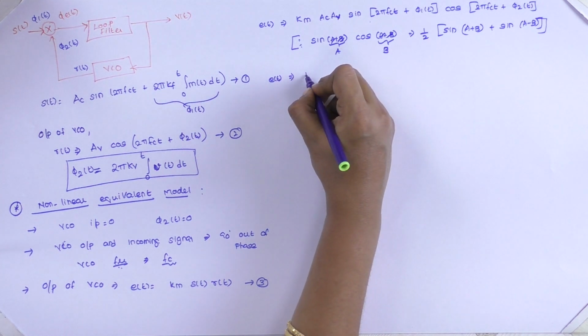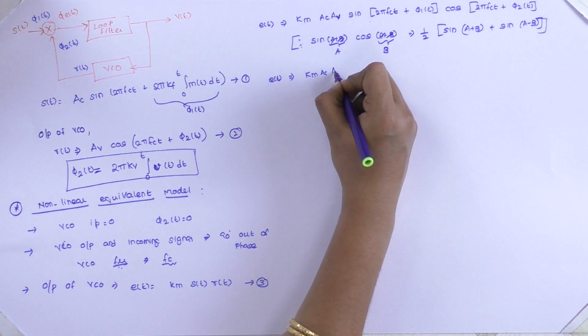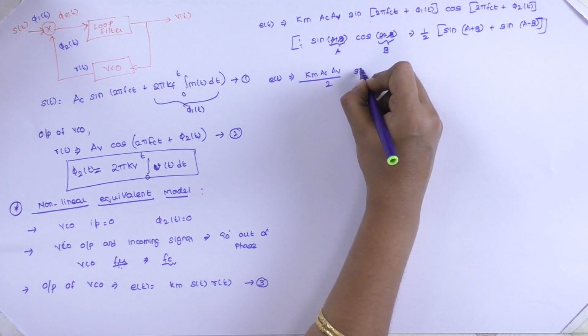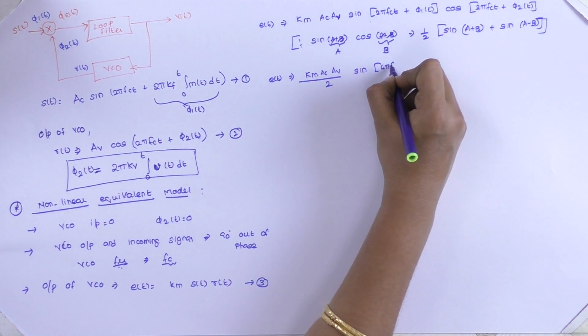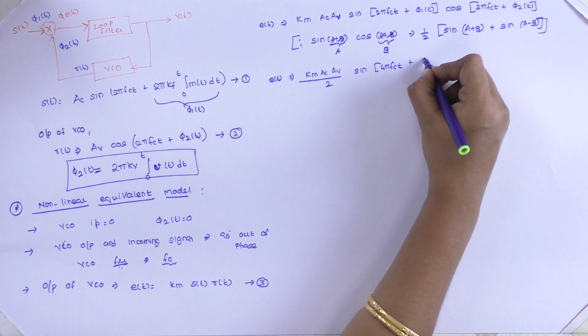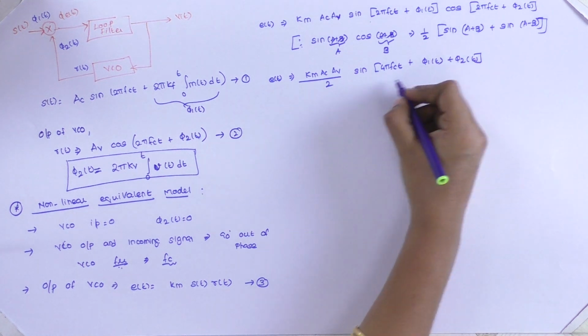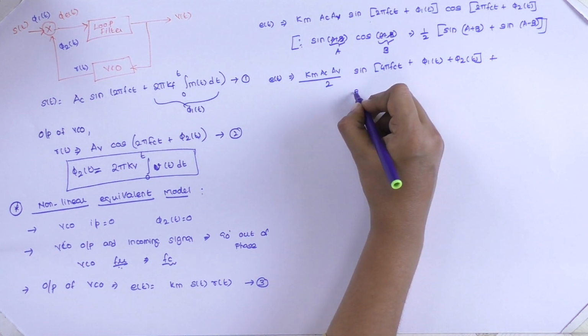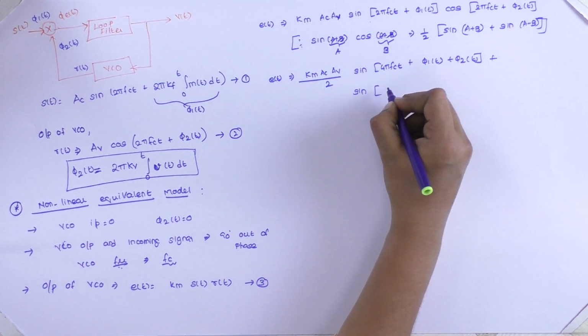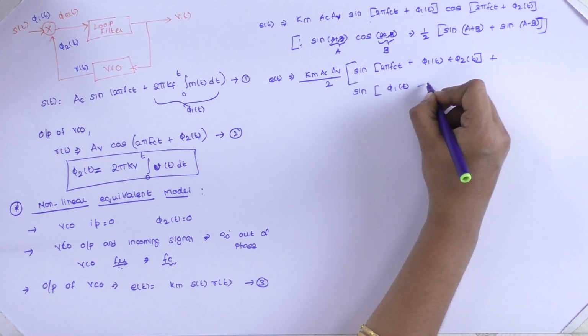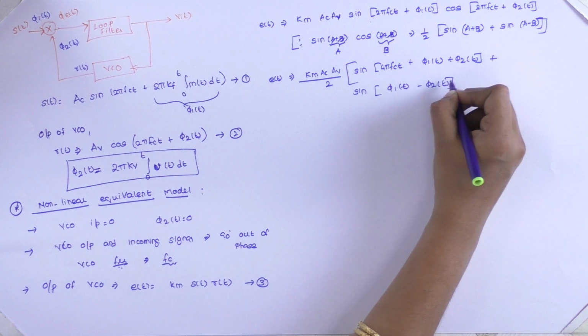This term is equal to Km Ac Av divided by 2 into sin of 4 pi fct plus phi 1 of t plus phi 2 of t, plus sin of phi 1 of t minus phi 2 of t.